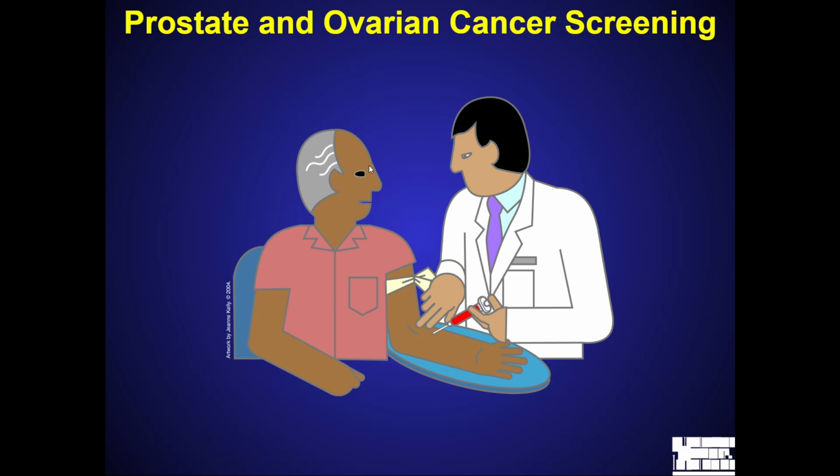If those are abnormal, that could indicate prostate cancer. And then there's also the digital test, where the doctor checks physically. This is useful for men over the age of 50 because that's when prostate cancer is most common. These together are used to help diagnosis.